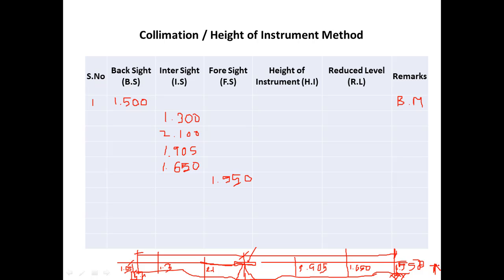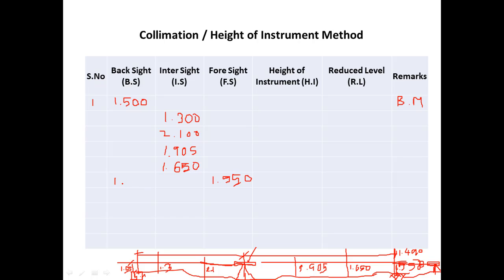Now here I have to do all the initial adjustments, that is temporary adjustment, and I have to view this same position of leveling staff once again. At that time I am going to get some reading, for example 1.490.